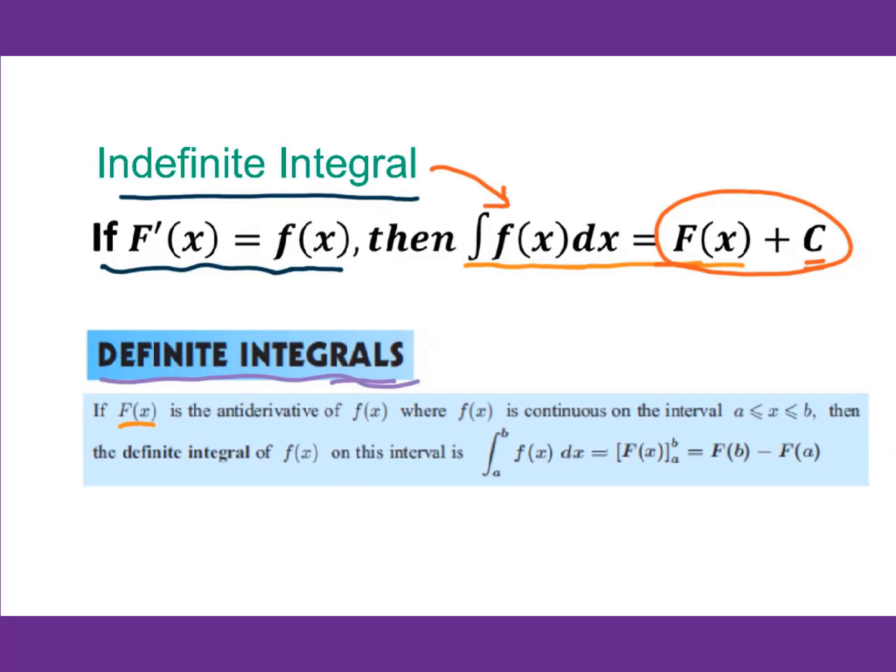If capital F of x is the antiderivative of f of x, where f of x is continuous on the interval x greater than or equal to a and less than or equal to b, then the definite integral of f of x from a to b equals capital F of x from a to b, which equals F of b minus F of a.